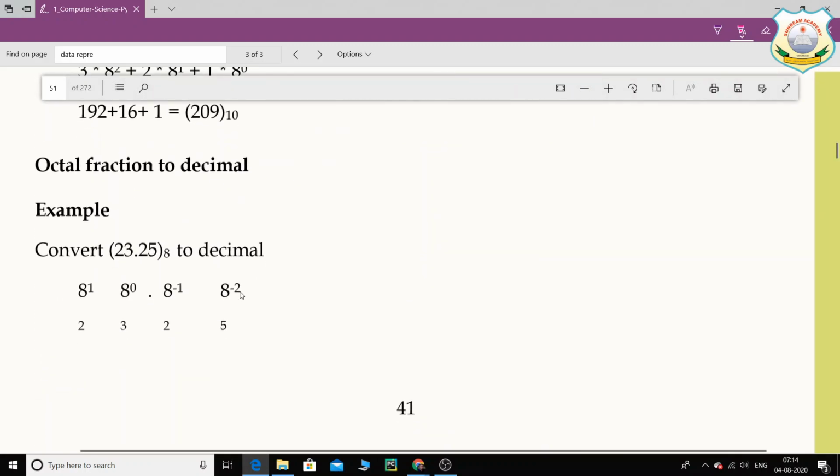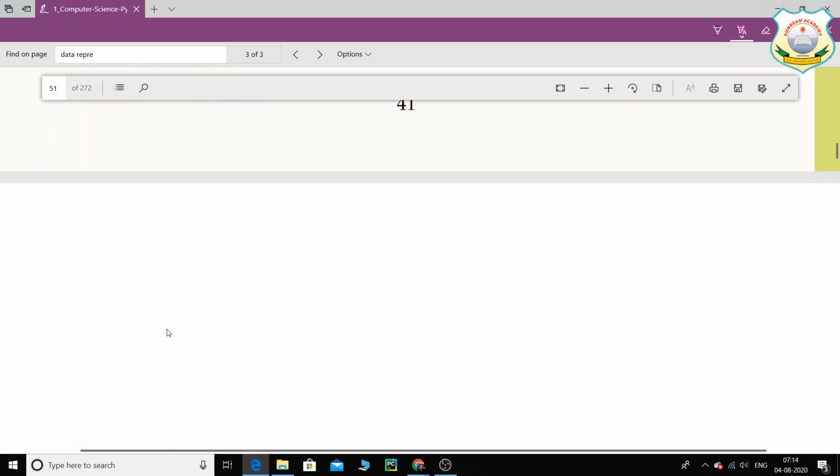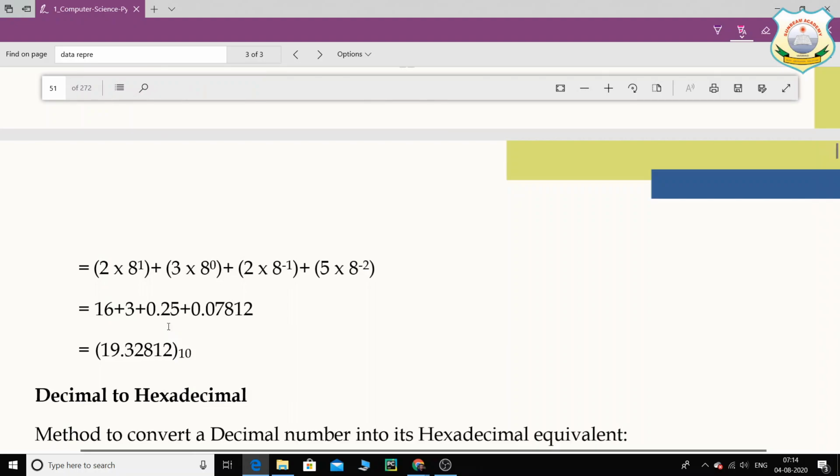Okay, then how to convert, the same procedure, how to convert the octal fractional to decimal. So 23.25. What you want to do, children, this is the integer part. The procedure is going to be so simple, right? So this is the procedure that we are going to use. Okay, over here they have given.